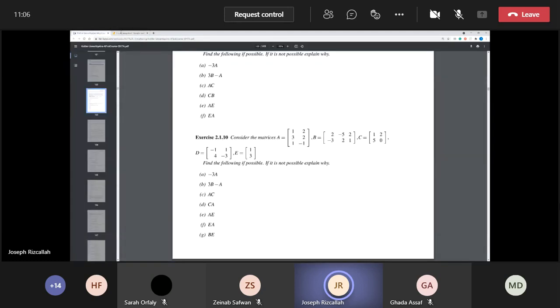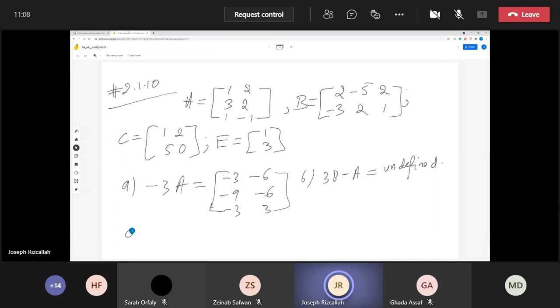Then AC, if possible. So part C, AC: is it possible to multiply A by C? We see that it is, because A has 2 columns and C has 2 rows. So we can do the multiplication. I will copy them now.